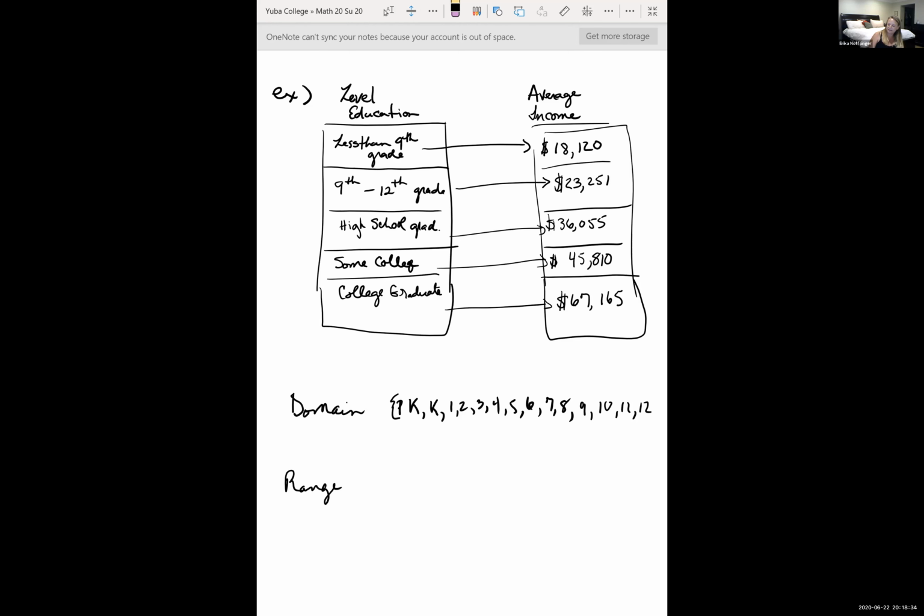Some college, usually we don't call it 13. What do you want to call it? Freshman, sophomore, junior, senior.